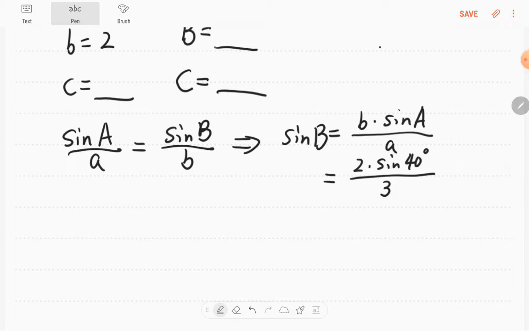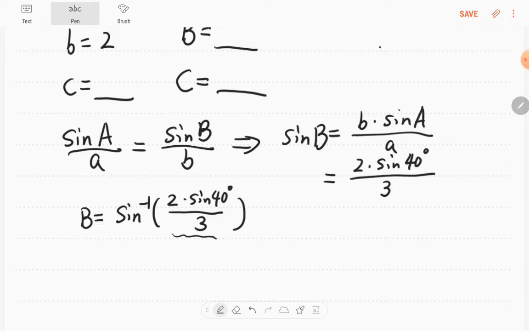We may try to calculate the sine inverse of this number, 2 sine 40 degrees over 3. This will give you the acute angle because sine inverse ranges from negative pi over 2 to pi over 2. Since this is a positive number, the angle must be between 0 and pi over 2, less than 90 degrees, greater than 0.